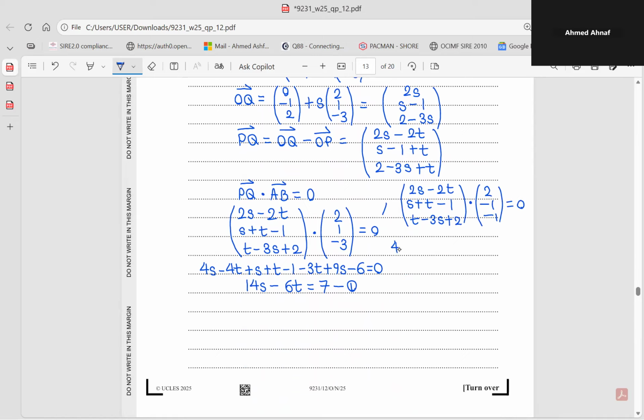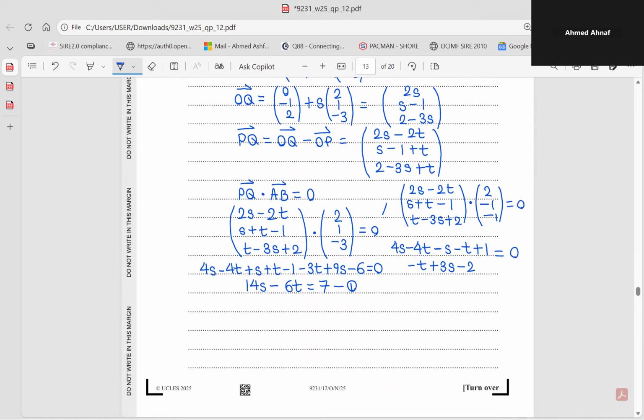So this is 4S plus 4T minus S minus T plus 1 minus T plus 3S minus 2 equals 0.